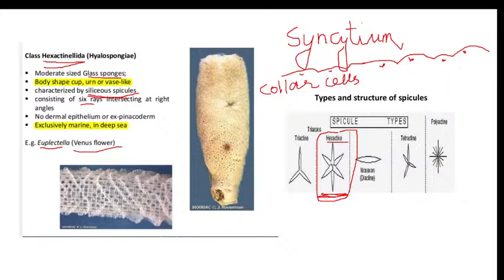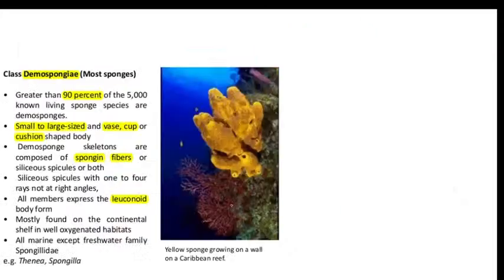Now next is class Desmospongiae, and Desmospongiae is the largest and most diverse class, with the largest number of sponges. Almost 90% of the sponges are found in class Desmospongiae.